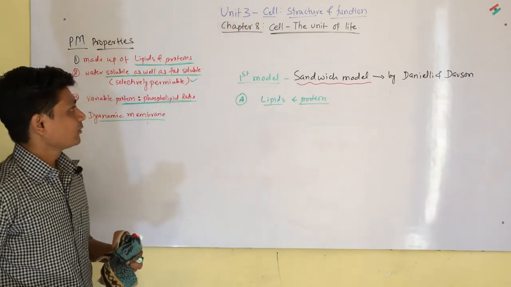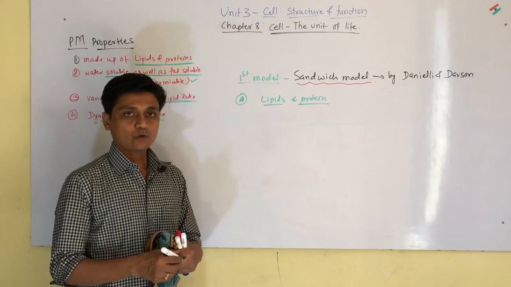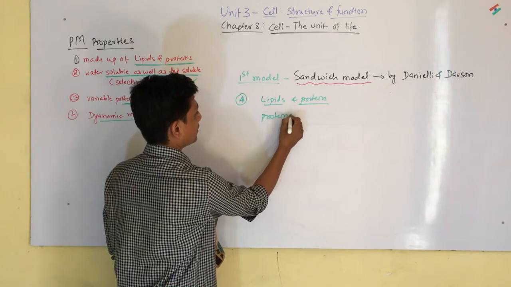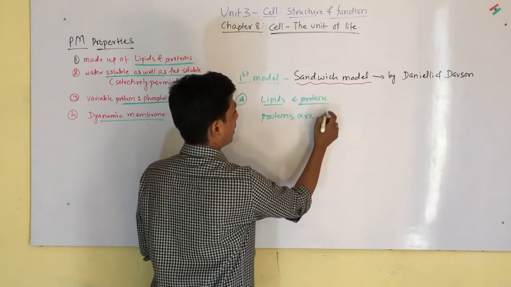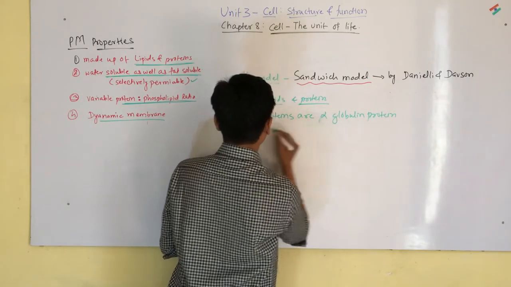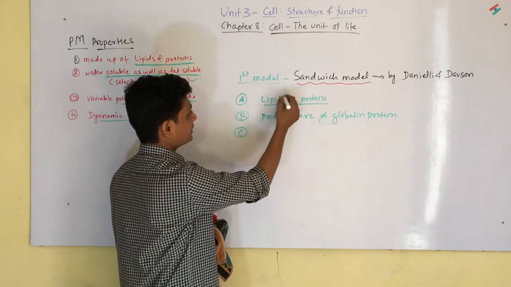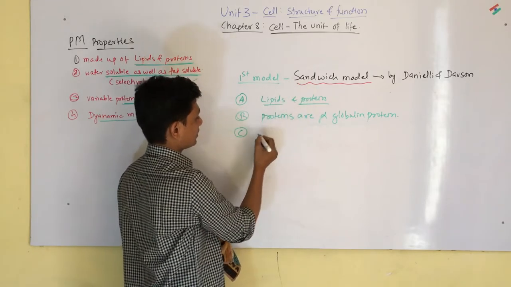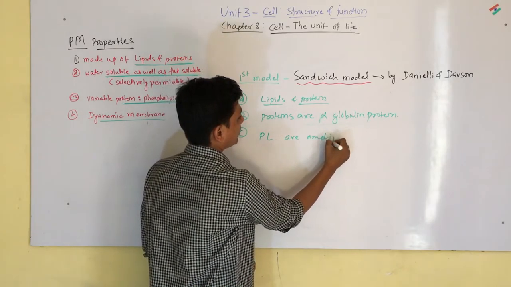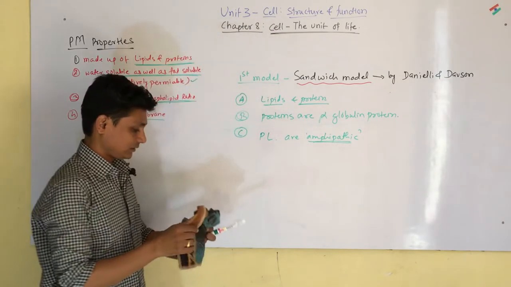Second point: the proteins are alpha globulin proteins. The third point: the lipids are phospholipids, and phospholipids are amphipathic. These are the 3 points.